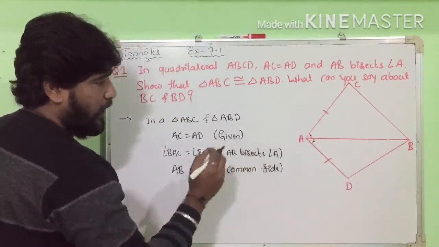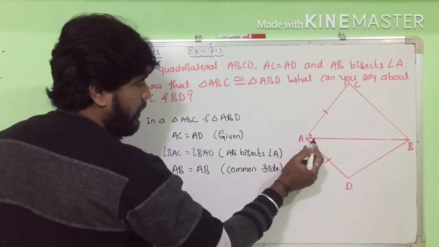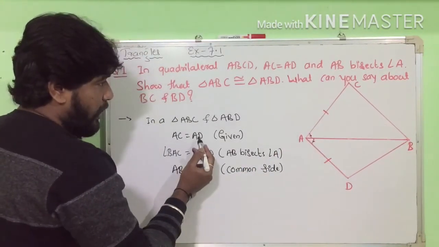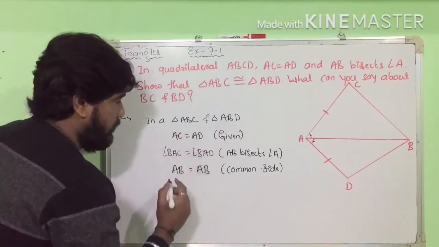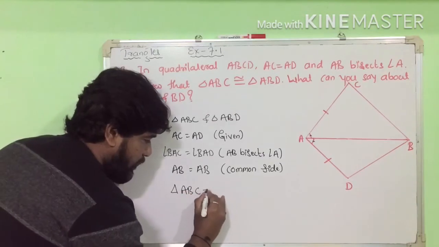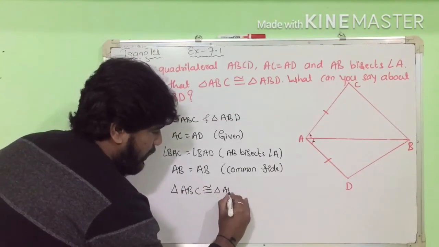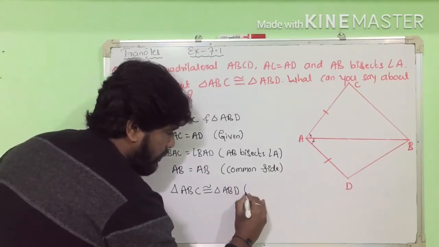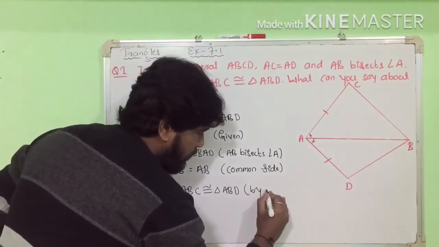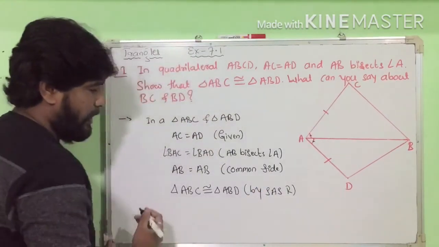It means the two triangles are congruent to each other by SAS, side angle side. The triangle ABC is congruent to the triangle ABD by SAS rule.